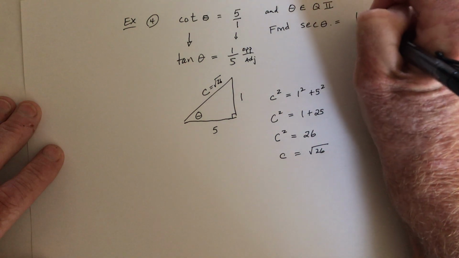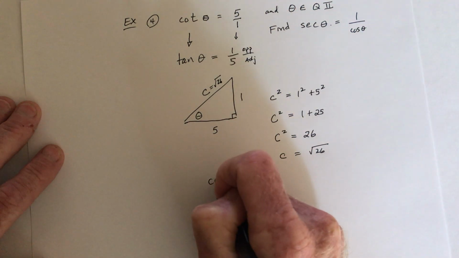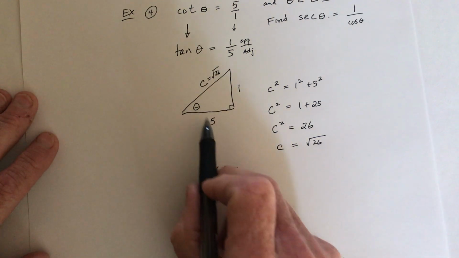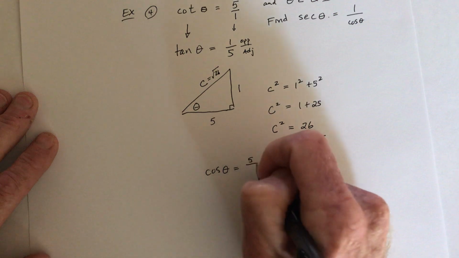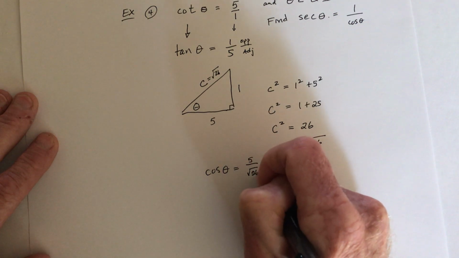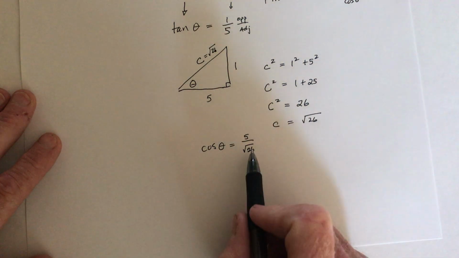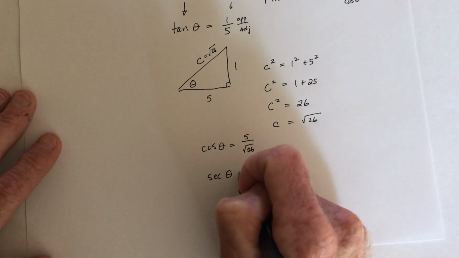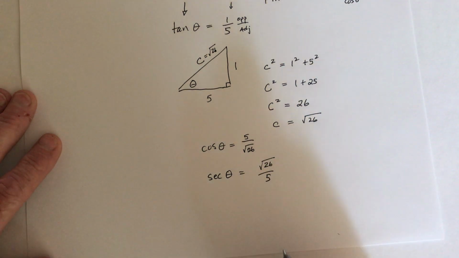Well, secant is 1 over cosine. So cosine is equal to adjacent over hypotenuse. And then because secant is 1 over that, that means that I need to invert this. So secant is the square root of 26 over 5.